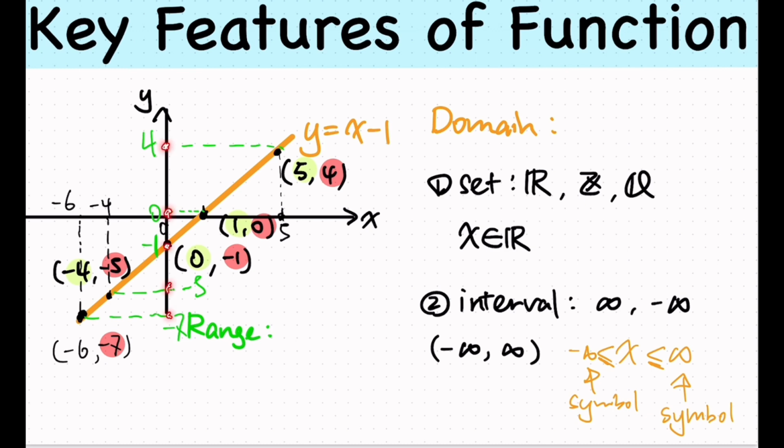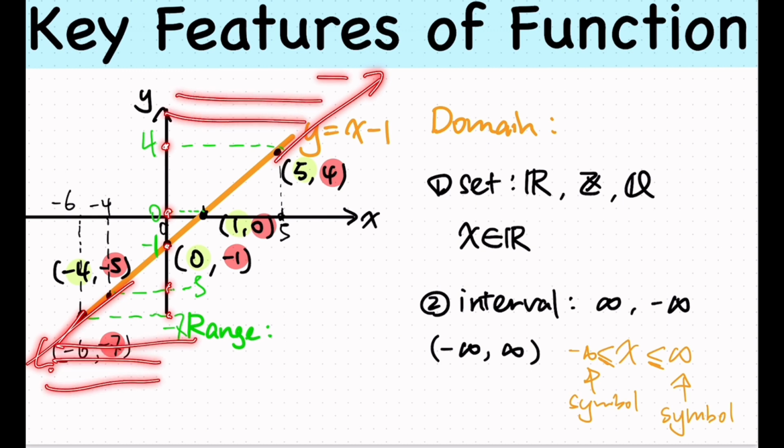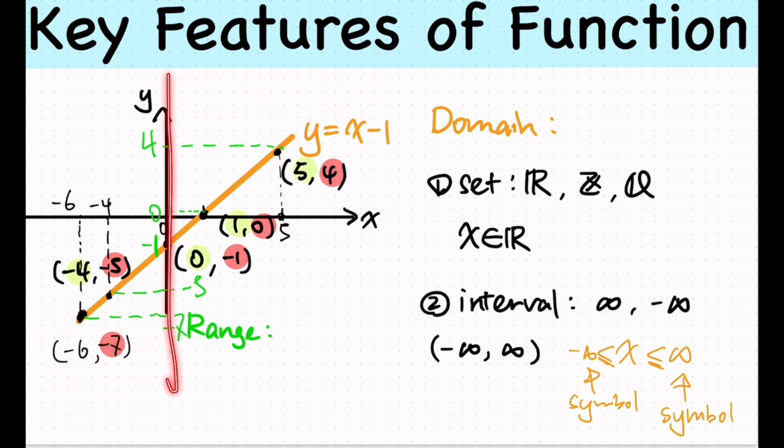Eventually, because this line extends in both directions infinitely, when you draw this horizontal line to the y-axis, you will observe that every single point along the y-axis can be the y-coordinates, which means the range is all the real numbers again. How we represent it is exactly the same.